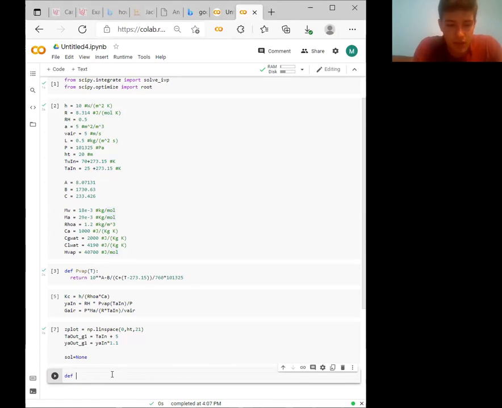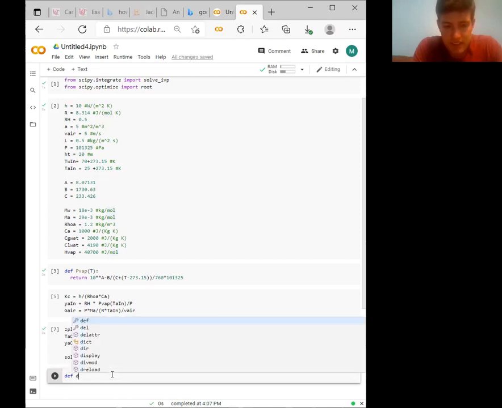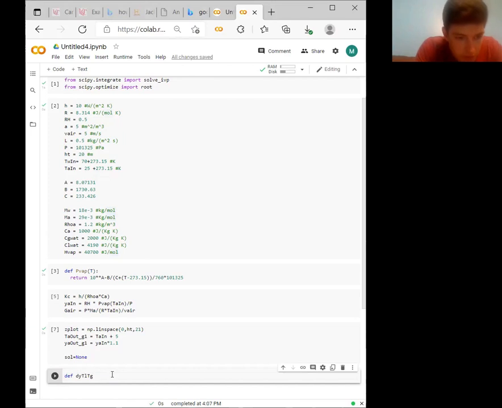Sorry, it's storming a little out there. Since we were trying to find the rate, I'm going to call it D of the rate of the molar concentration of the gas, Y, and then the temperature of the liquid, water, and temperature of the gas. So I'm going to call it dy, TL, Tg.